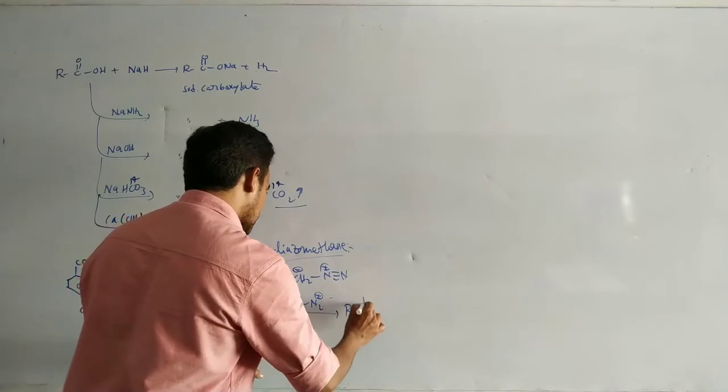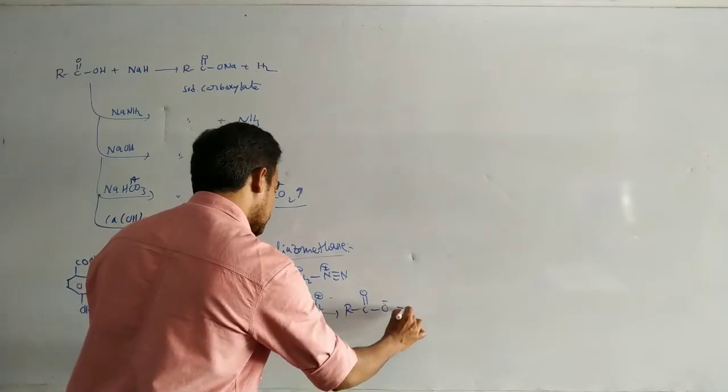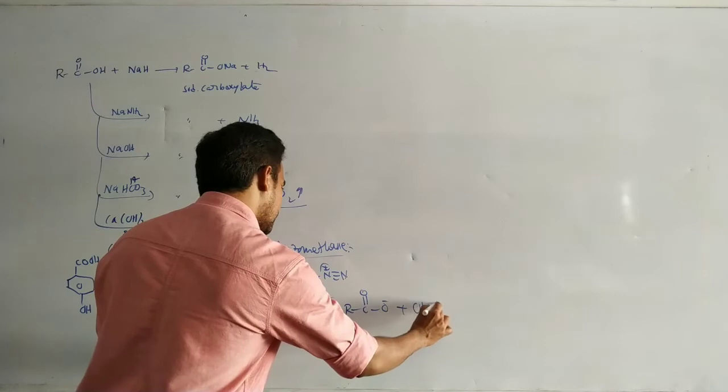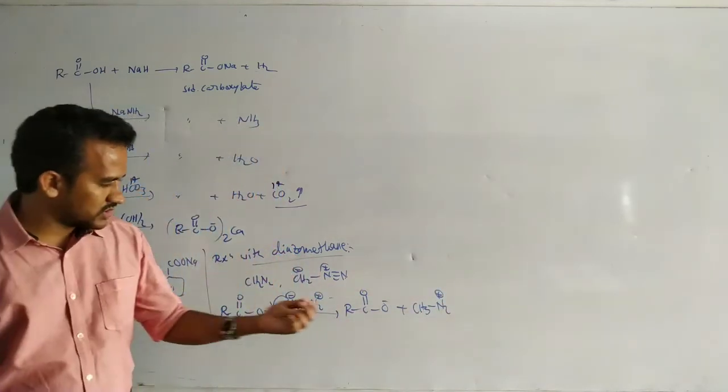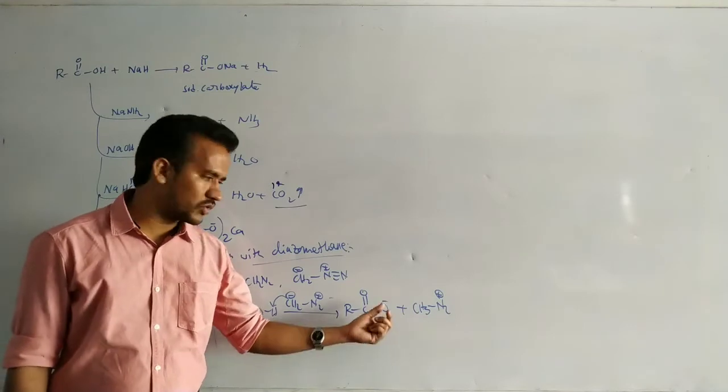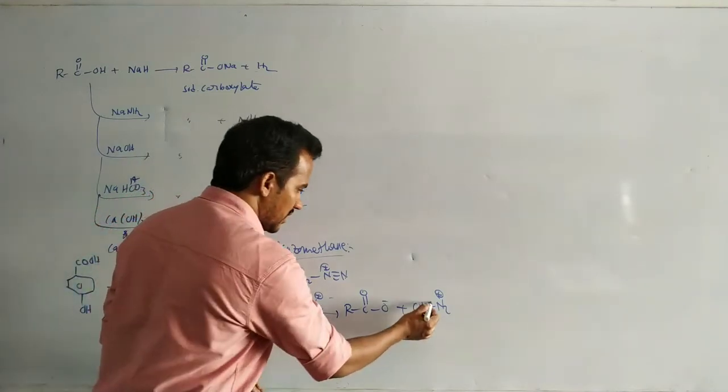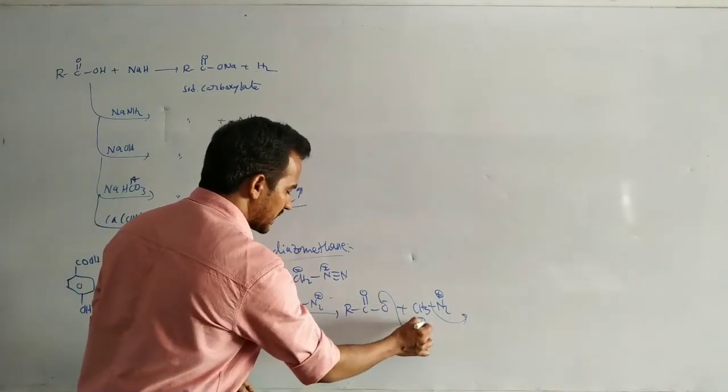The product is RC double bond O minus plus CH3 N2 plus. Now this carboxylate anion acts as a nucleophile, and as N2 leaves, the nucleophile attacks this carbon.